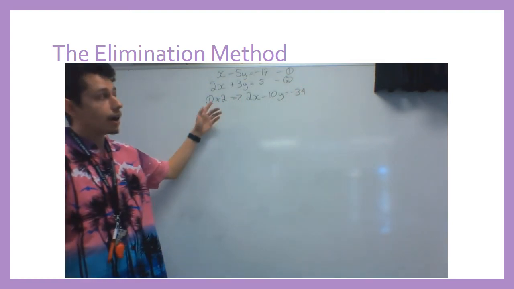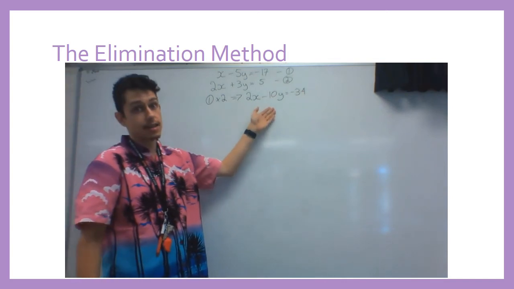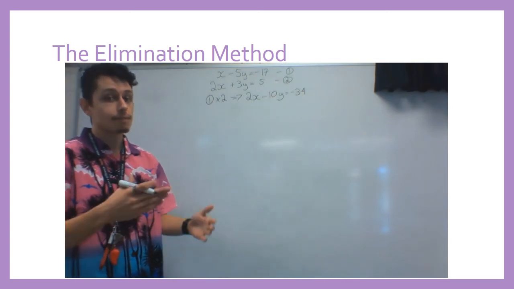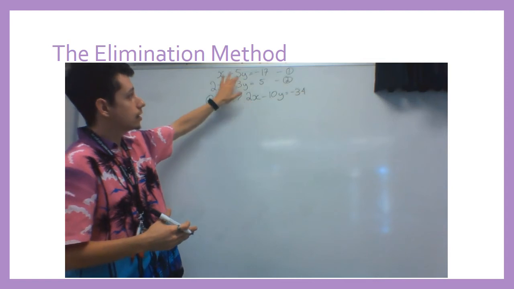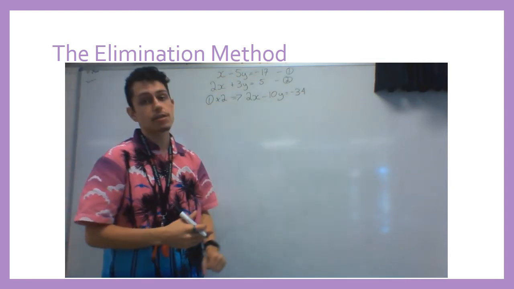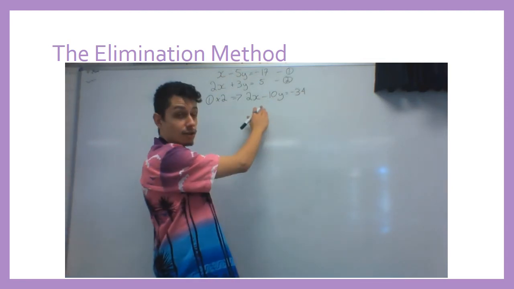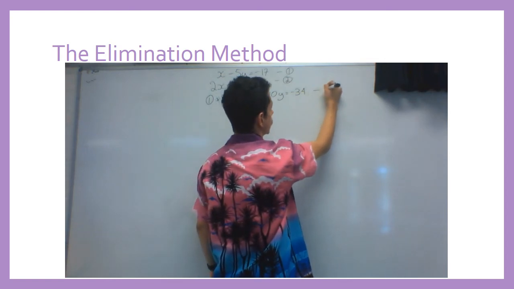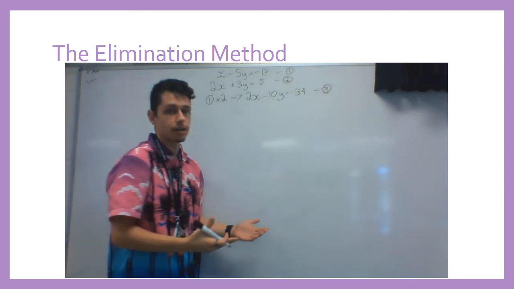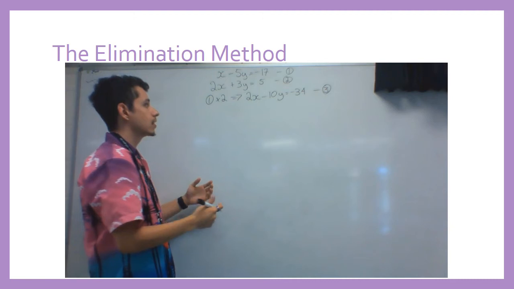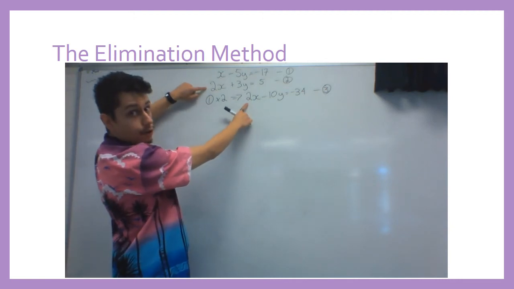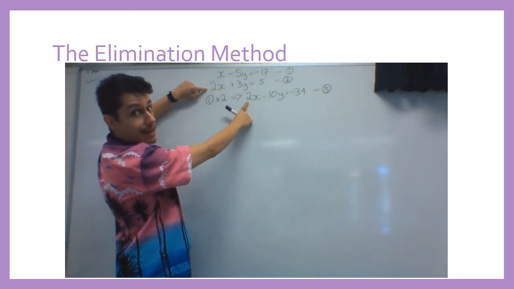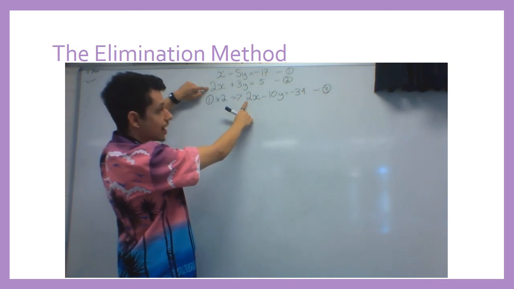So I'll get 2x take 10y equals negative 34. The important thing is every piece of that equation is multiplied by 2. Now I'm going to call this equation 3 because I'm going to be using this equation. So now looking at equation 3 and equation 2, we've got the same coefficient with the same signs.